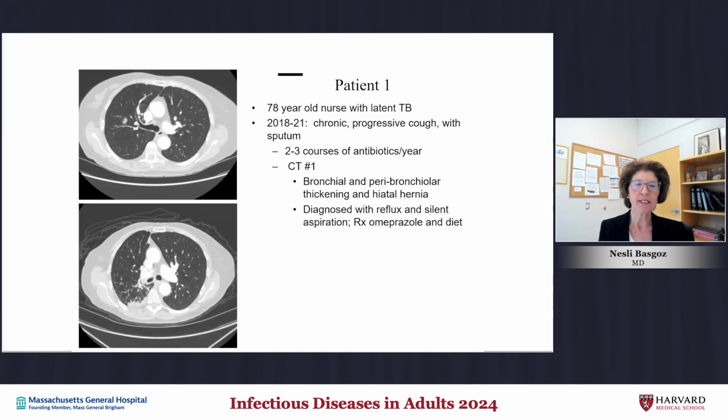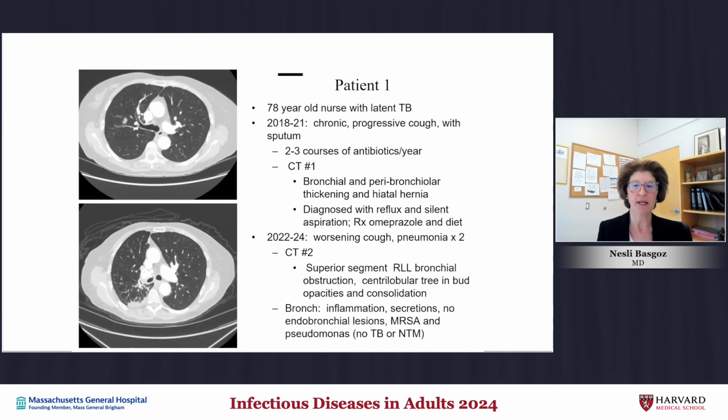She has a CT scan, which you can see here, and what this shows is some bronchial thickening, some bronchiolar thickening, some peribronchial inflammation, and also some esophageal dilation, and what you don't see here is a hiatal hernia. She's diagnosed with reflux and silent aspiration and put on omeprazole and a low-acid diet.